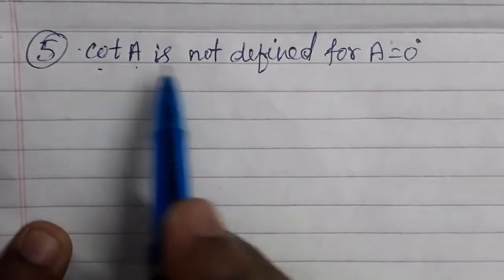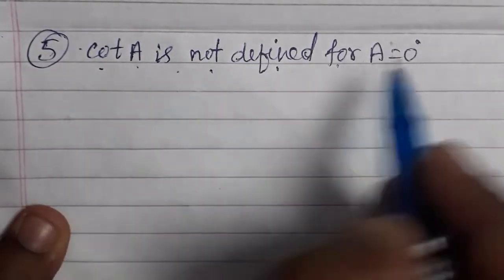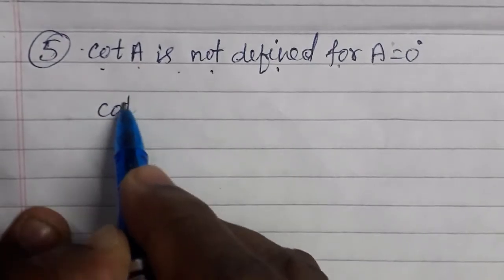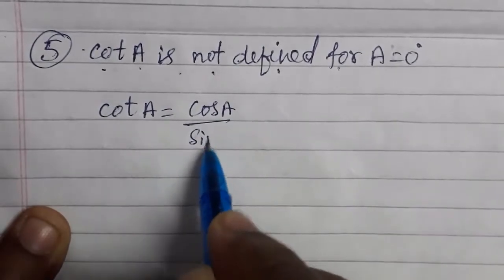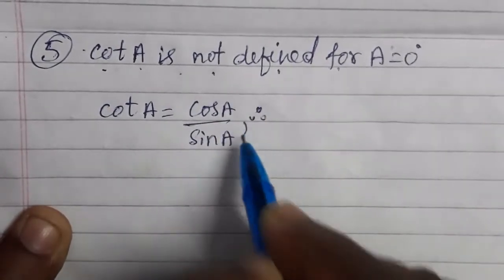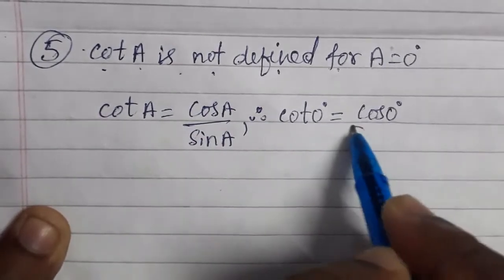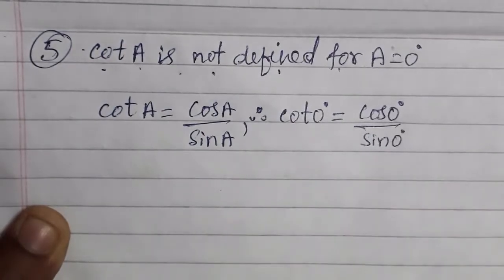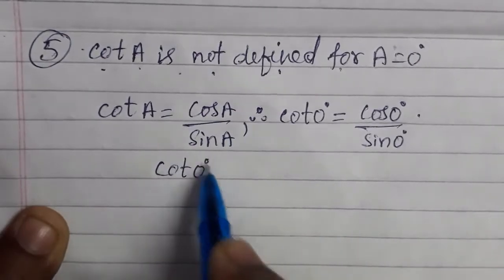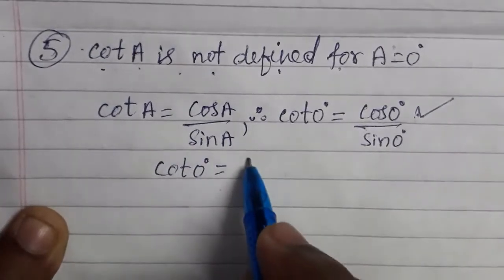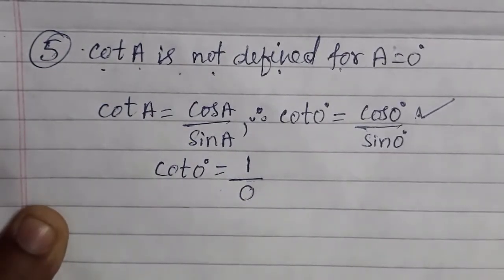The last of this kind, cot A is not defined for A equal to 0 degree. We'll check this. Cot A is equal to cos A by sin A. Therefore, cot 0 degree is equal to cos 0 degree by sin 0 degree. Cos 0 degree is 1. Sin 0 degree is 0.